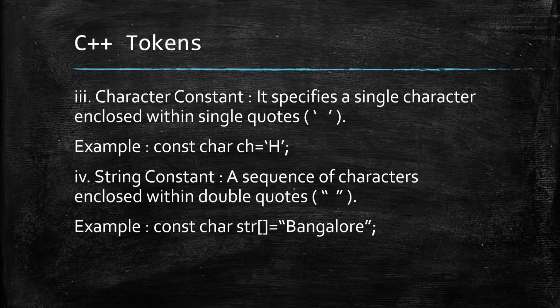You call that an array variable. For now, the example is const char string, which must be written with square brackets, equal to, I'm initializing the value, "Bangalore" in double quotes. Finally your semicolon. Semicolon is a statement terminator.